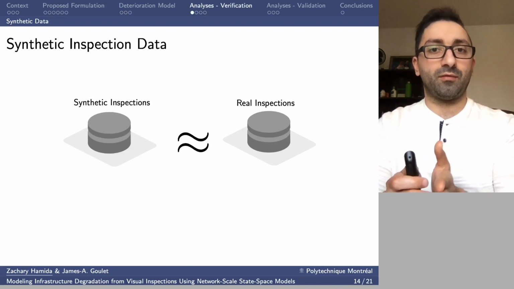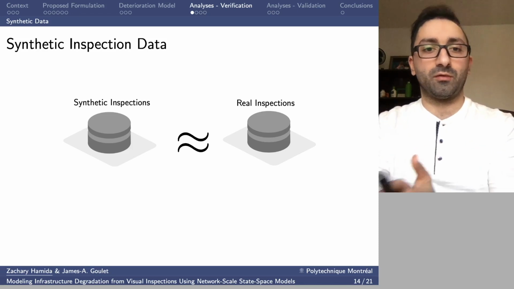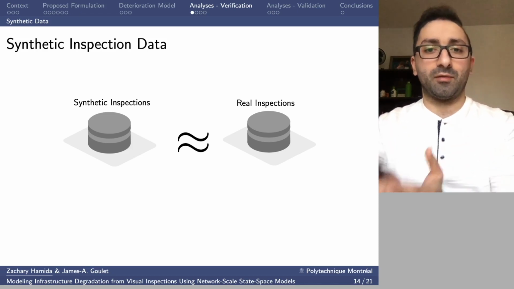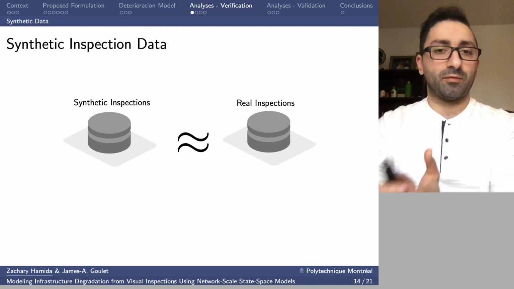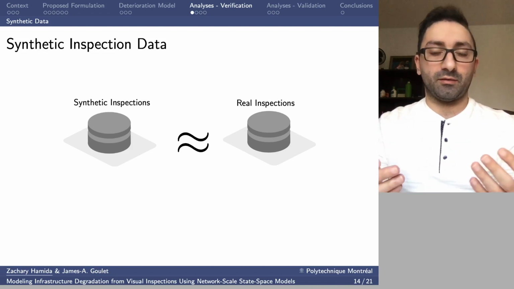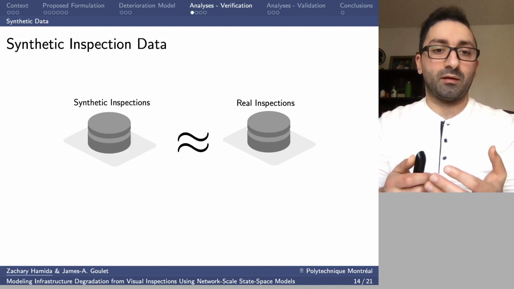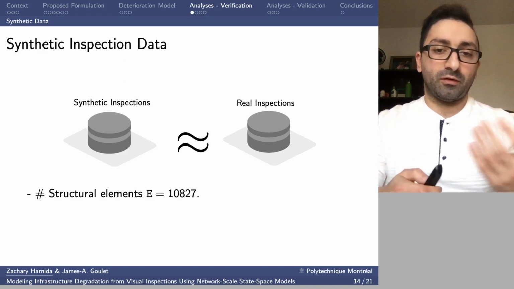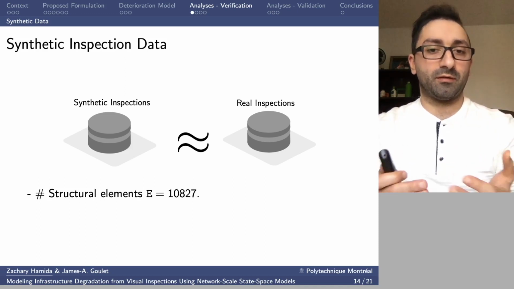We need to verify the performance of the model. In order to do so, we've generated synthetic data that is as similar to the real data as possible, whether quantitatively or qualitatively. Quantitatively, we made sure that we have the same number of structural elements, which is 10,827.